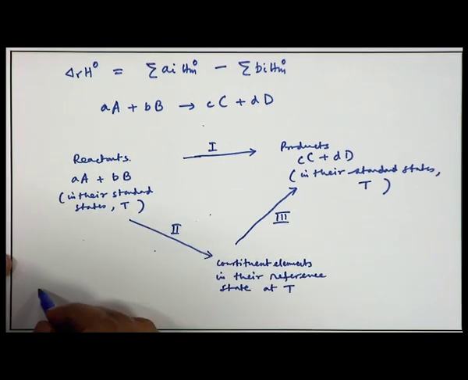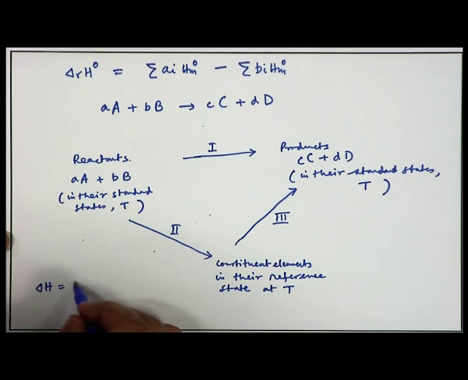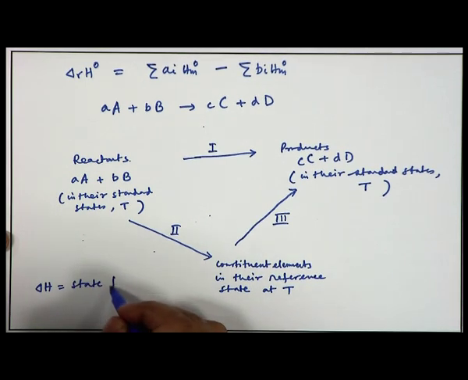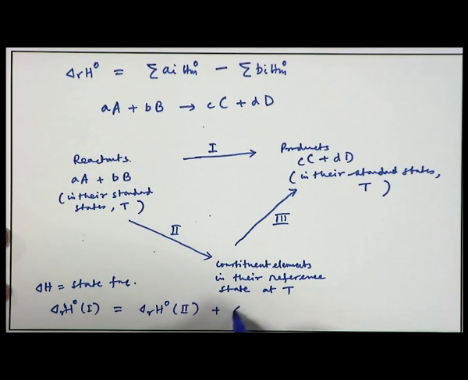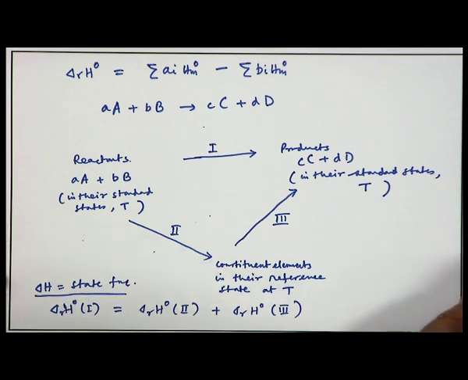Because delta H is a state function and does not depend on path, we can consider the delta H R for reaction 1 to be equal to delta R H for reaction 2 plus delta R H for reaction 3.